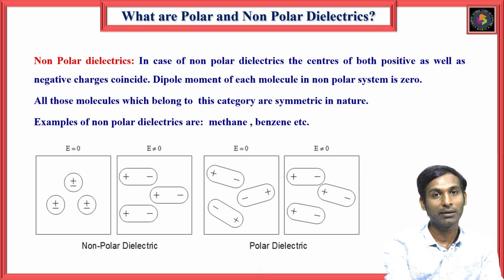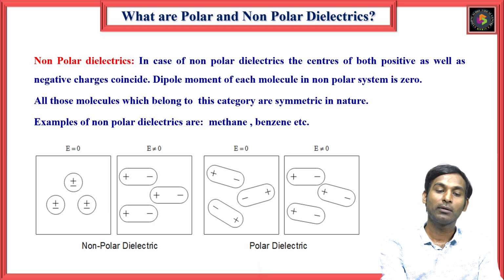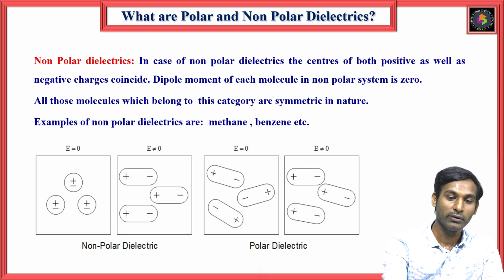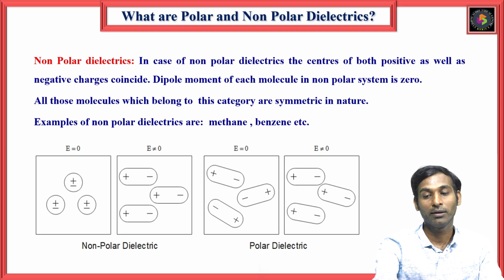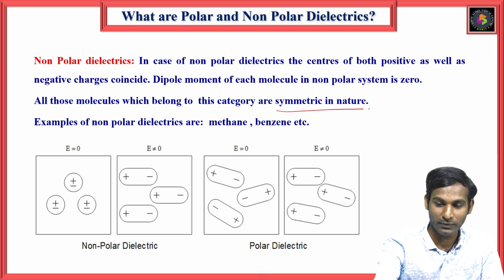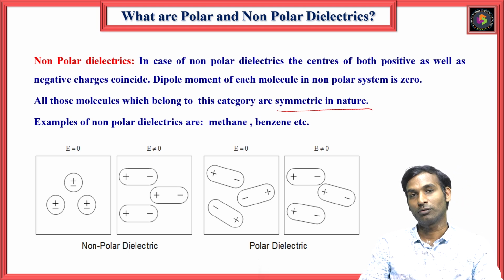If you apply an external electric field, the charges are displaced: positive charge in one direction, negative charge in another direction. Examples of non-polar dielectrics are methane, benzene, CO2, CH4. So here the positive and negative charges coincide. The dipole moment of each molecule in a non-polar system is zero. It is a symmetrical structure, so the dipole moment is zero.